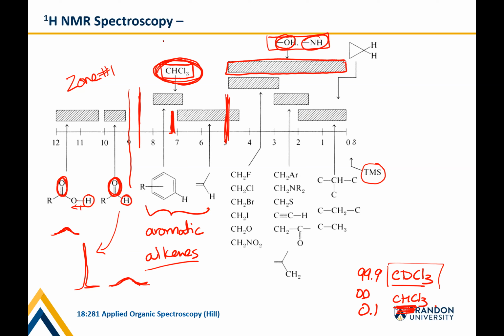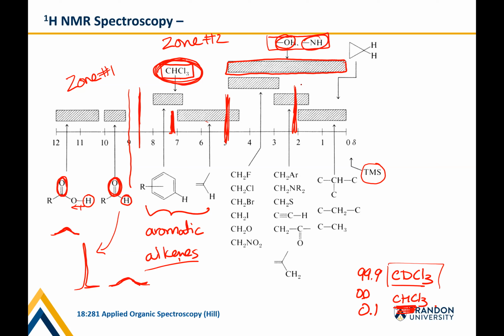So this is zone 2, where you've got the aromatics and alkenes, and we'll explain why they are in a de-shielded zone. Now the next bit is between, say, 2 and 5.